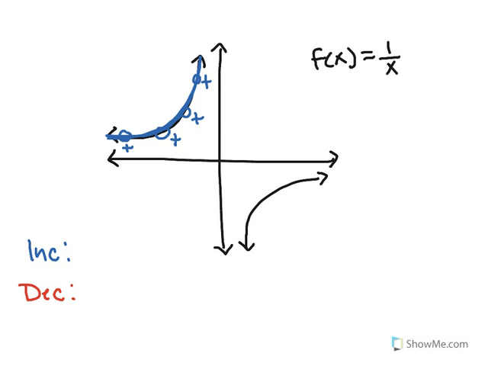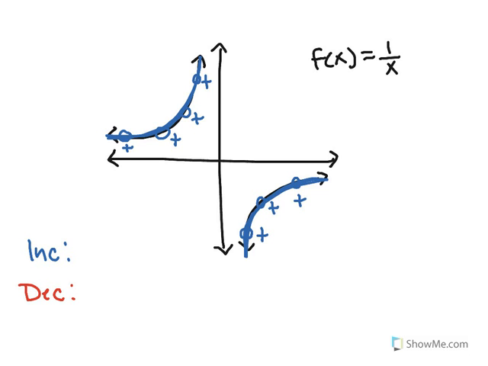So what about this other branch? If I pick this point here, that's a positive slope. In fact, it's extremely steep. Over here, that's also a positive slope, and here it's also positive. So this whole branch is also going to be positive. There are no decreasing parts of this function.